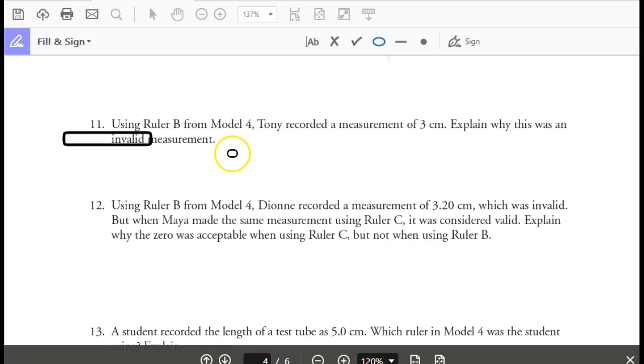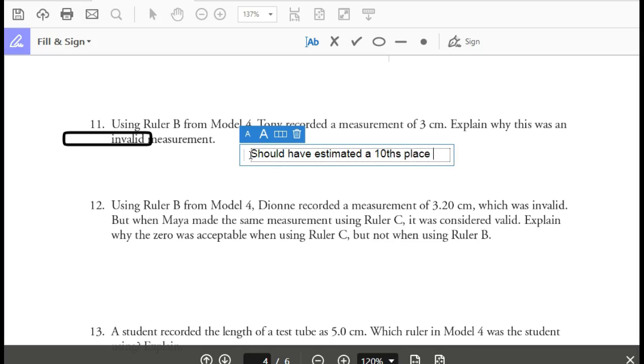So he needs to make an estimate to the 10th place. So that's why it's invalid. He should have estimated the 10th place digit. So that's why it's invalid.